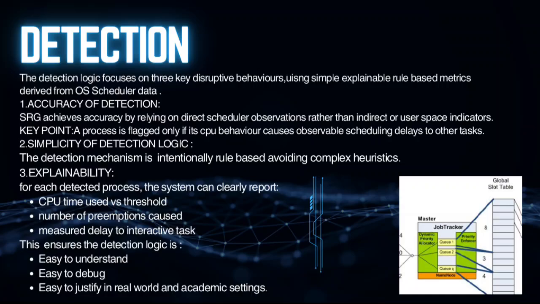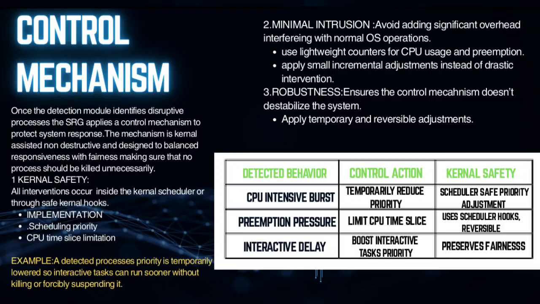And now let us go through the control mechanism. Once the detection module identifies disruptive processes, the SRG applies a control mechanism to protect system response. The mechanism is kernel-assisted, non-destructive, and designed to balance responsiveness with fairness, making sure that no process is killed unnecessarily. Kernel safety: all interventions occur inside the kernel scheduler or through safe kernel hooks.